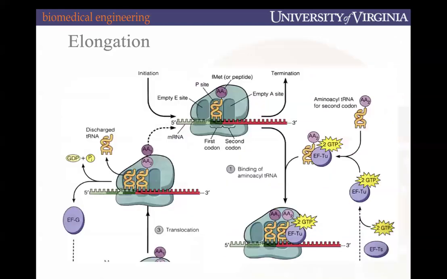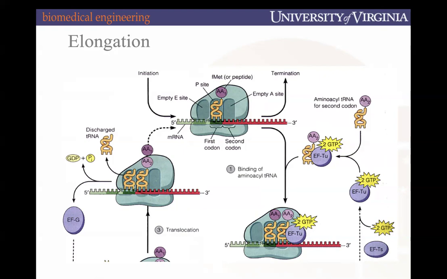So that was the entire process. I just want to try and repeat it and zoom in a little bit and take it a little slower, just because I think that was a lot of alphanumeric soup. So we're starting here at 12 o'clock. We have either the first amino acid or a chain of amino acids, a polypeptide chain, that's in the P site. EFTU is the elongation factor that is delivering a transfer RNA loaded with amino acid.